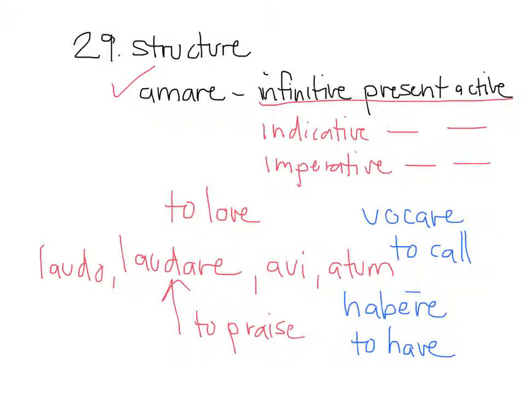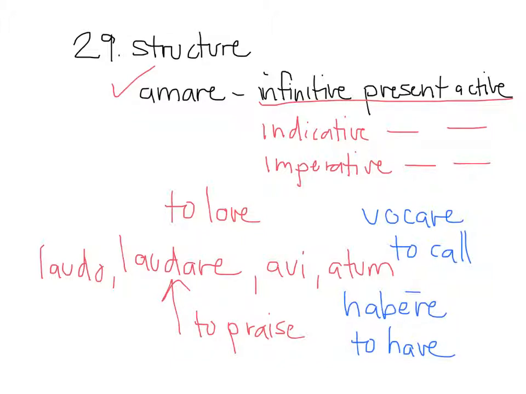So that's a pretty simple point. You need to understand that the second thing in the dictionary is called the infinitive present active. That's the mood, tense, and voice. The infinitive does not have person and number. It just has mood, tense, and voice. You do not need to conjugate it. You just need to find it in the dictionary.